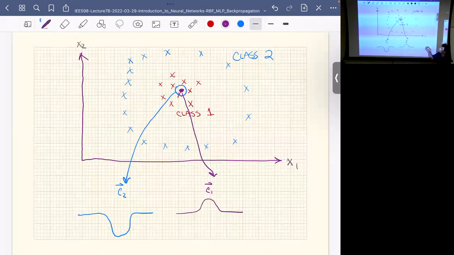And so the idea here is if points come in and are close to the center, then those points will end up causing the R1 radial basis function to fire and have a very high number. If points come in and are far from the center, then they will cause the C2 radial basis function to fire.